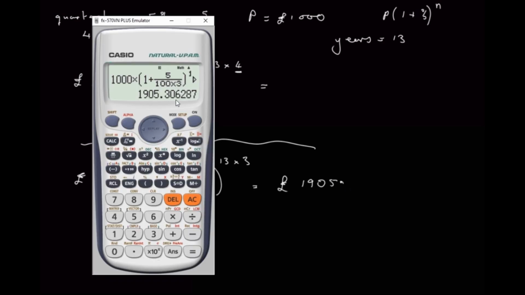The cutoff is between the 0 and the 6. 6 fits 5 or greater, so we round that upwards, so it becomes 0.31.